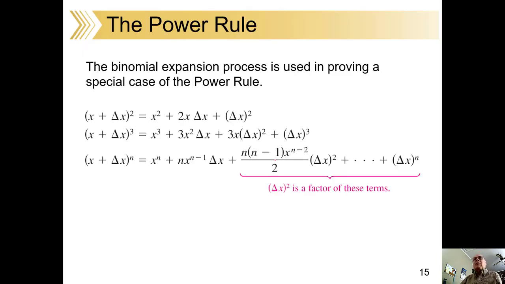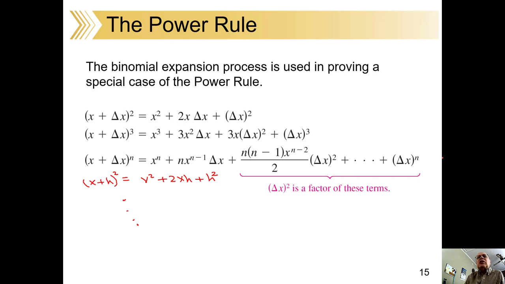Now, where do these rules come from? They come from the fact that as you expand x plus delta x, or in our case, the first one will be (x plus h) squared, which will be x squared plus 2xh plus h squared, and so on.